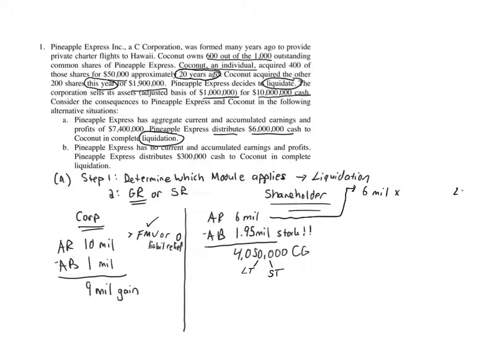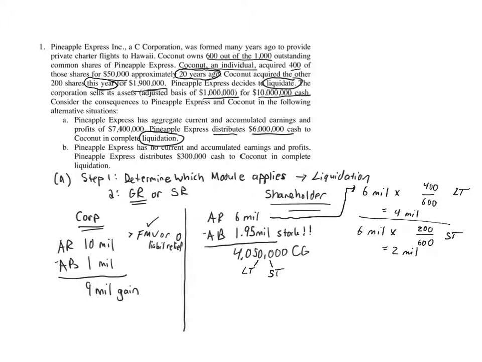So the long-term portion, we take the long-term number of shares, which is 400, over the total shares, which is 600. That's going to equal 4 million. The short-term portion, we take 6 million times the short-term shares, 200 shares, over total number of shares, equals 2 million.